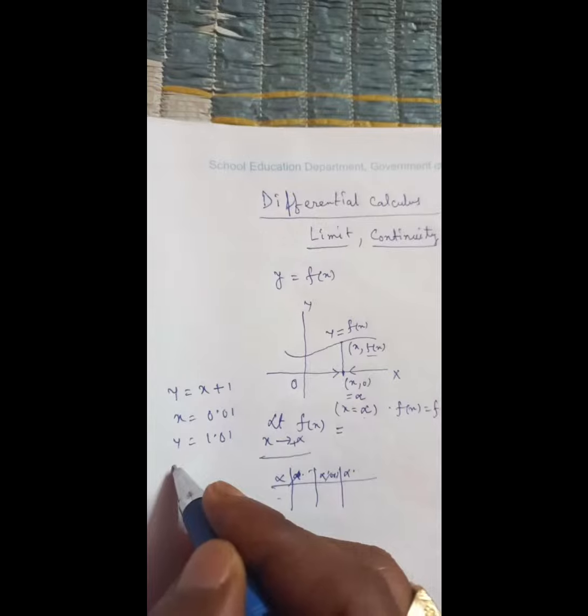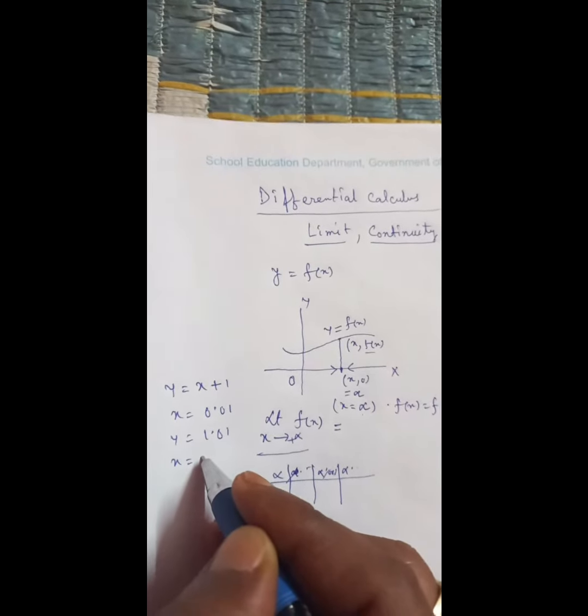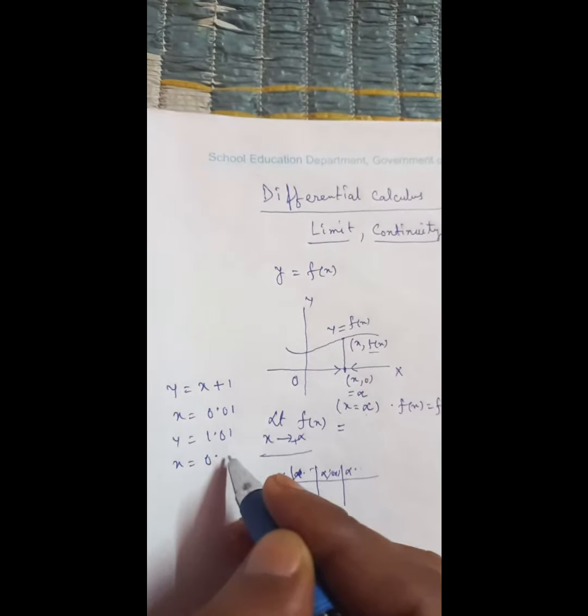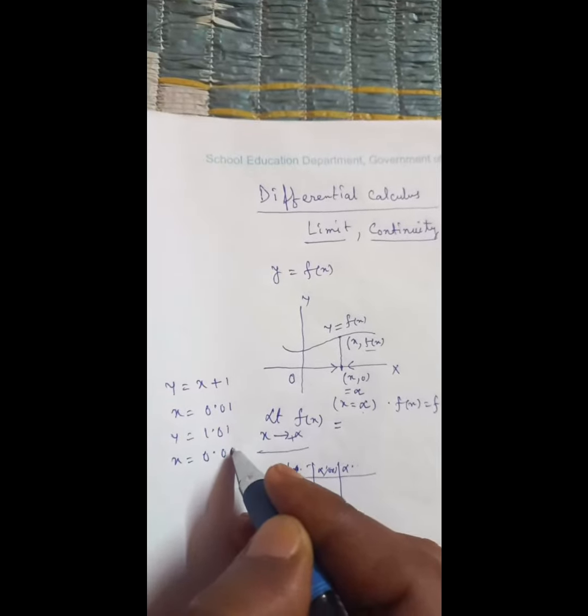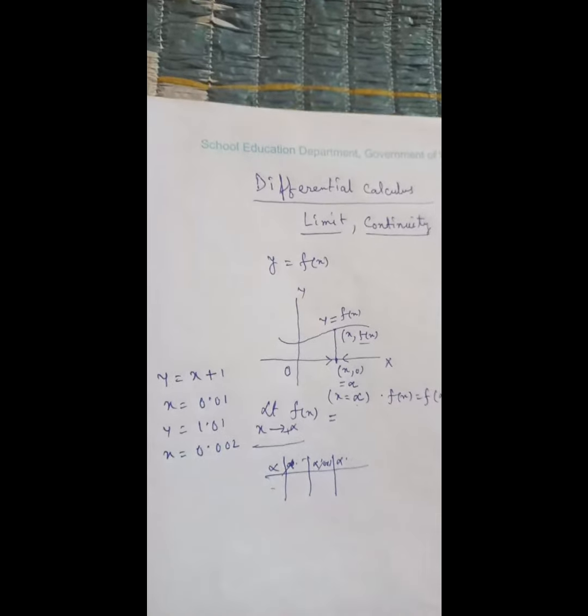Then if x is equal to 0.001, then y is equal to 1.001. If x is equal to 0.002, y will be 1.002.